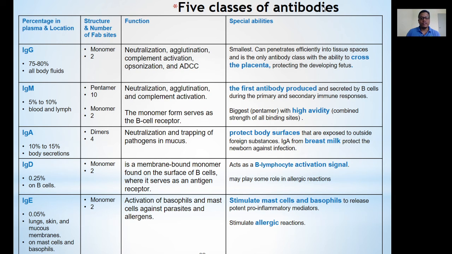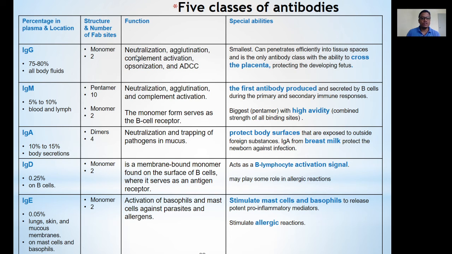The 5 classes of antibodies: IgG, IgM, IgA, IgD, and also IgE. First, we look at IgG. The majority of antibodies are in the form of IgG, around 80 percent in plasma. They can be found all over the body.